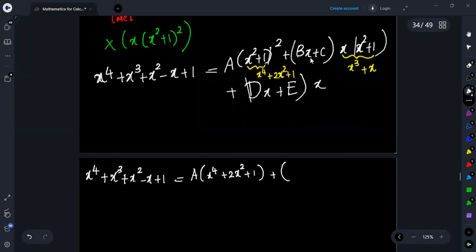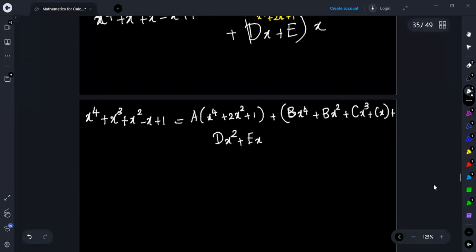If we multiply Bx with x^3, we obtain Bx^4, and Bx with x is Bx^2, plus Cx^3 plus Cx, plus the last part Dx^2 plus Ex.